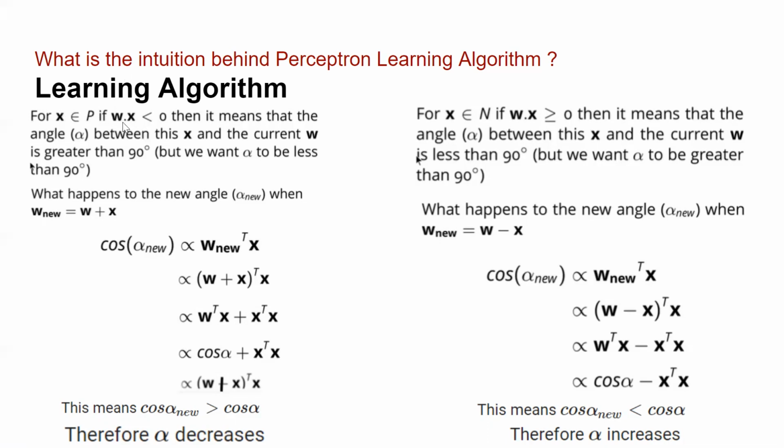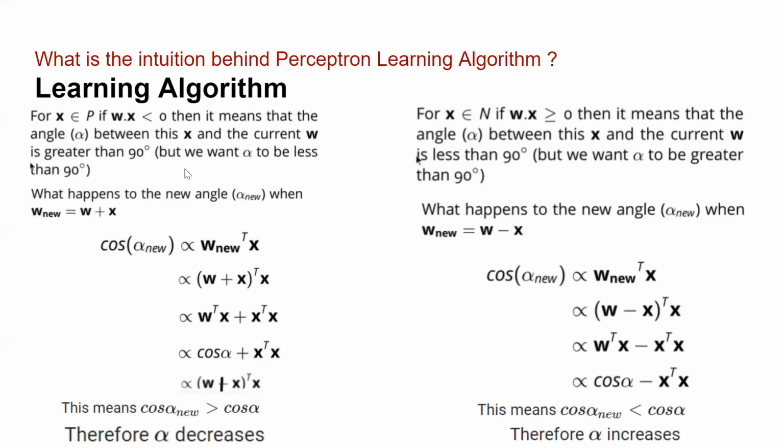But as per my computation, it is an obtuse angle. For x that belongs to P, if W dot X is less than 0, it means that the angle alpha between W and X is greater than 90 degrees. But what we want is an acute angle.